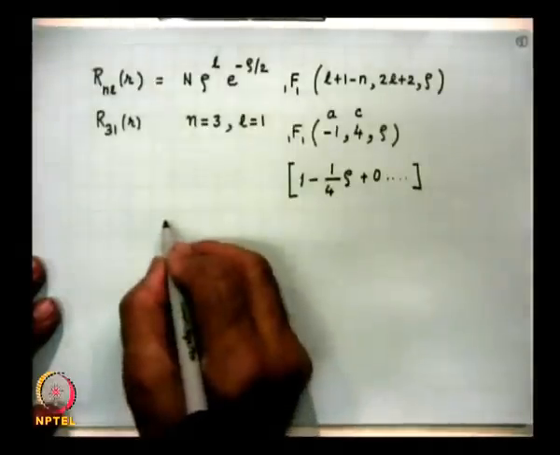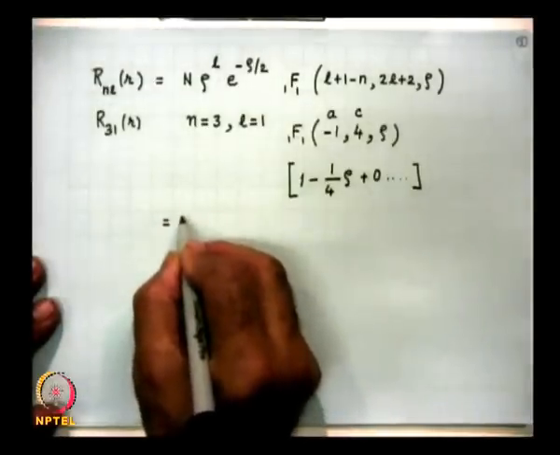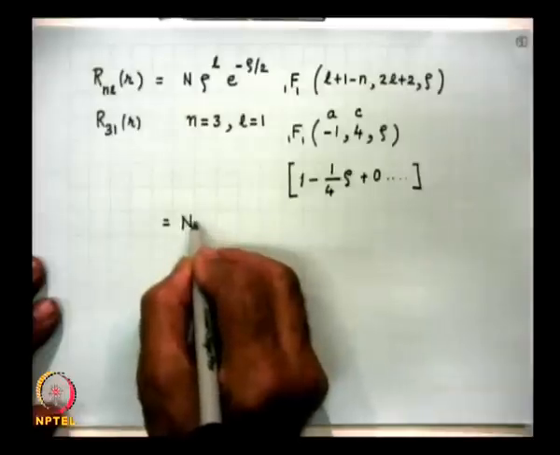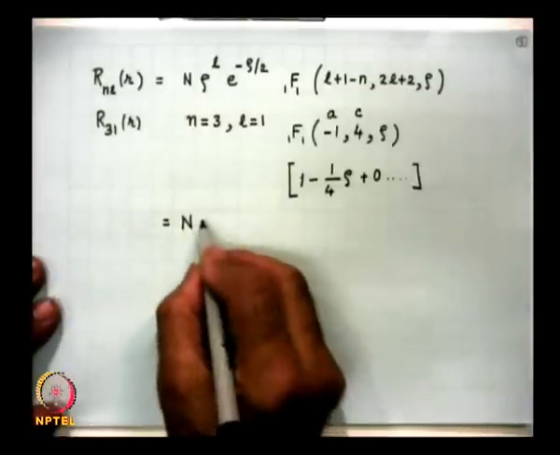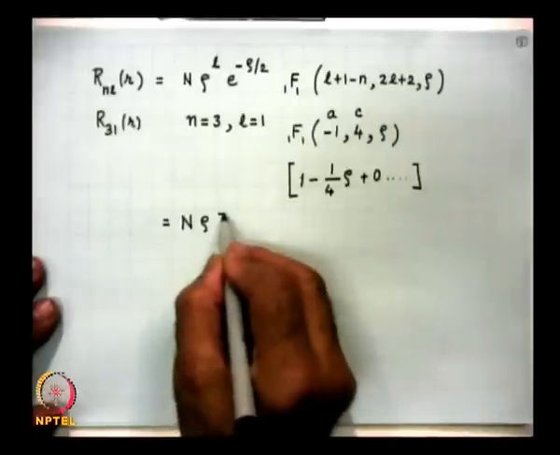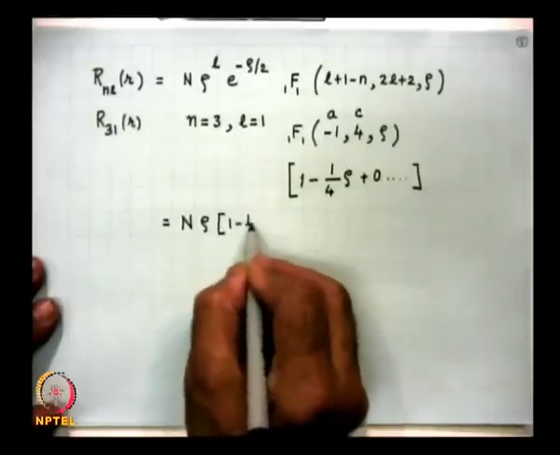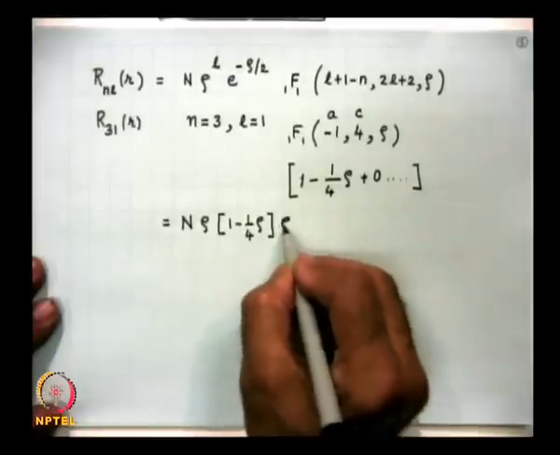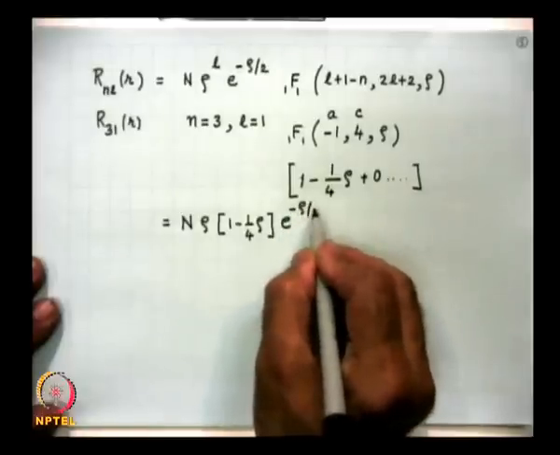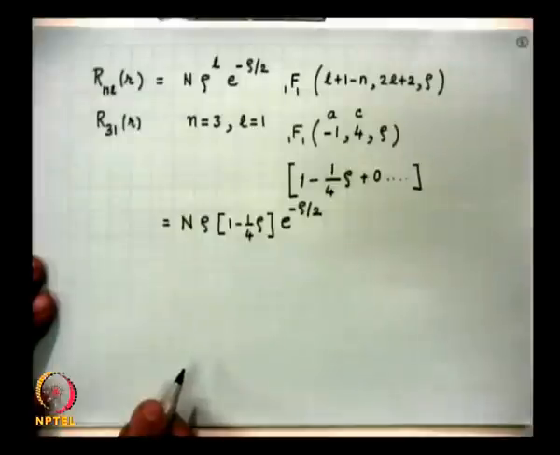So, therefore, we will have this as N, L is 1. So, this is just rho times 1 minus 1 by 4 rho, e to the power of minus rho by 2. Now, let me normalize this wave function.